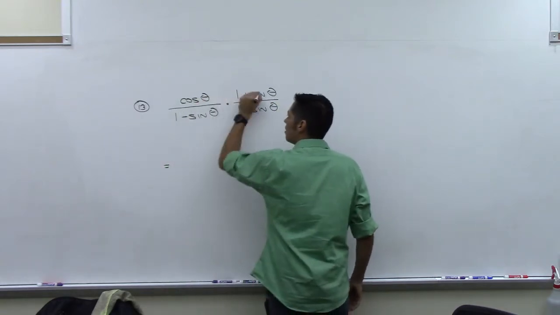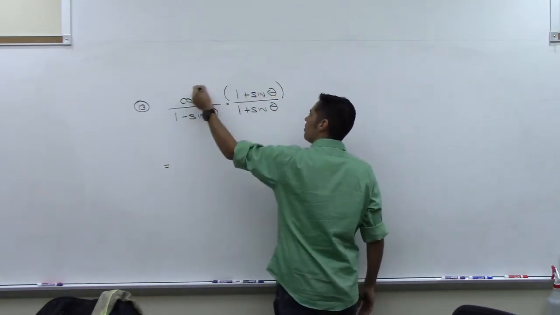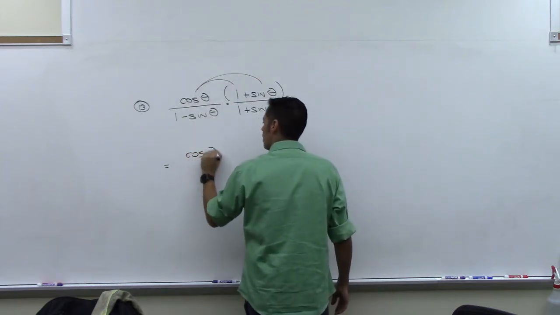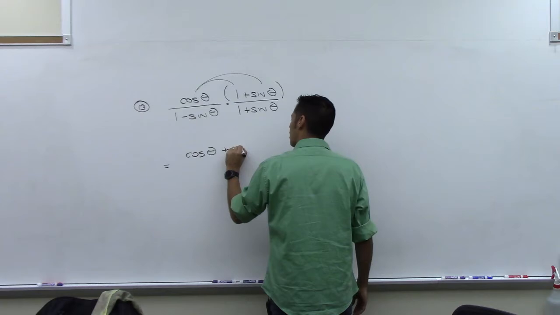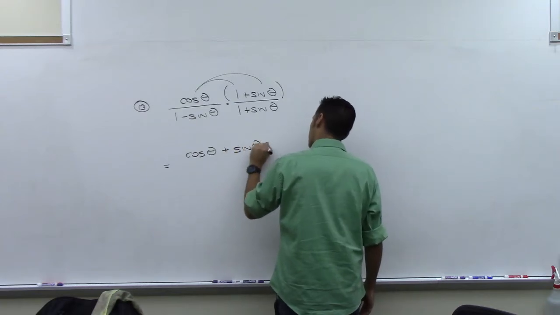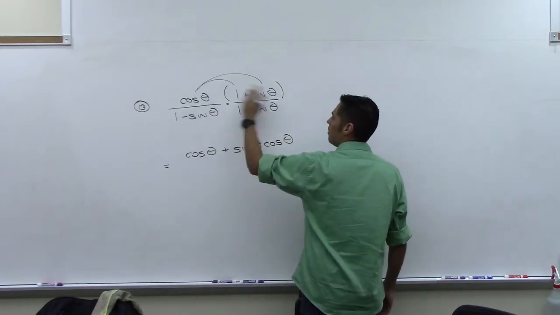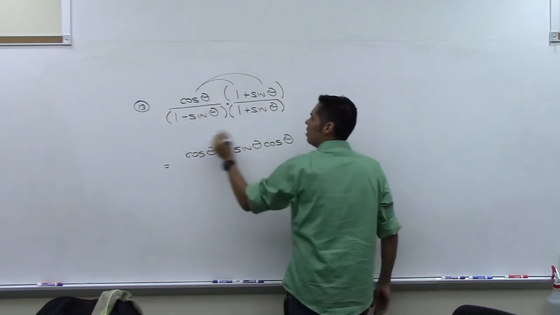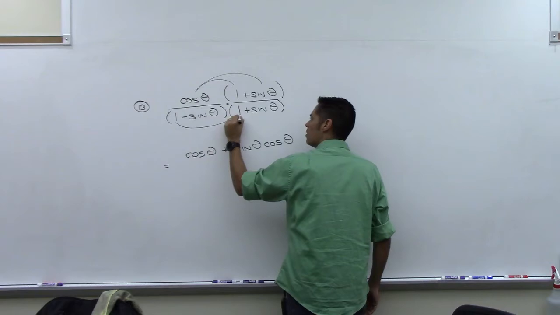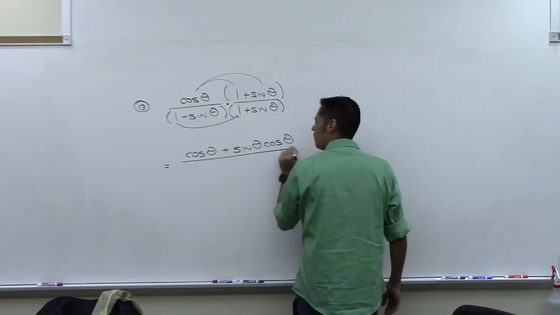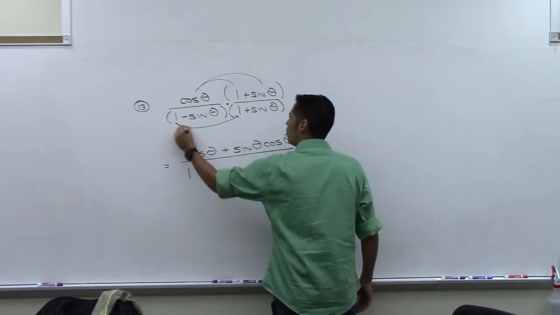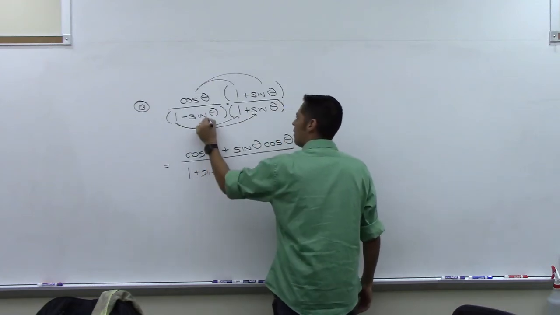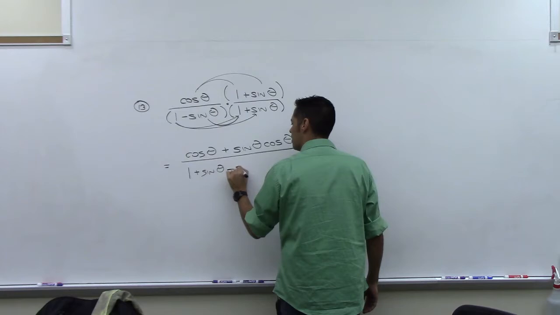So first, along the top, this is a single term, I just distribute that through. And I get cosine theta plus sine theta cosine theta. That's what would happen if I multiply across the top. On the bottom, they both have two terms, so I have to FOIL. So I have to do 1 times 1, which is 1. And then I have to do 1 times sine theta, which is sine theta. And then negative sine theta times 1, which is negative sine theta.